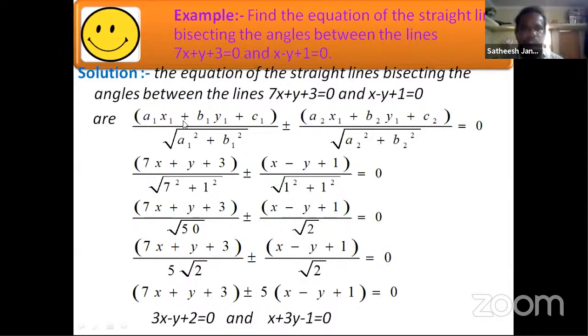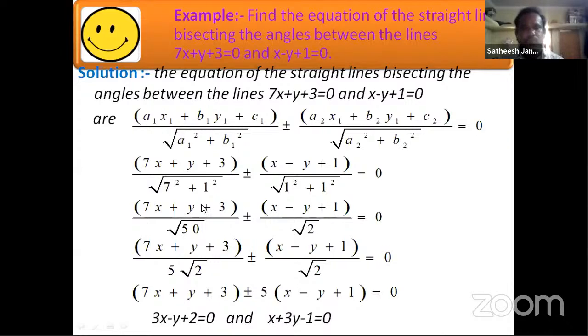Here the first line is 7x plus y plus 3 by under root of a1 square plus b1 square, meaning 7 square plus 1 square. Plus or minus, this is the second line, x minus y plus 1 by under root of a2 square plus b2 square, where the x coefficient is 1 square and the y coefficient is minus 1 square, which is also plus 1.